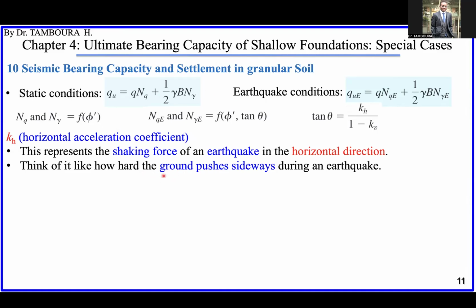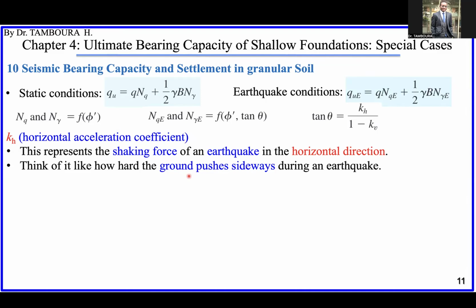So we can take something very simple. For example, if you are in a bus or any car, and the car suddenly turns left or right, it doesn't matter, you will see that people inside the car will be pushed sideways, in the opposite direction.